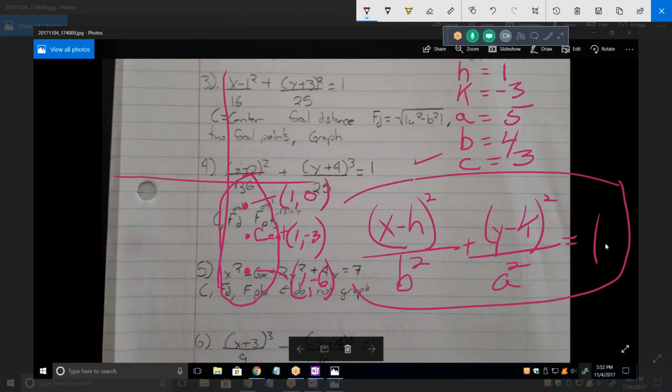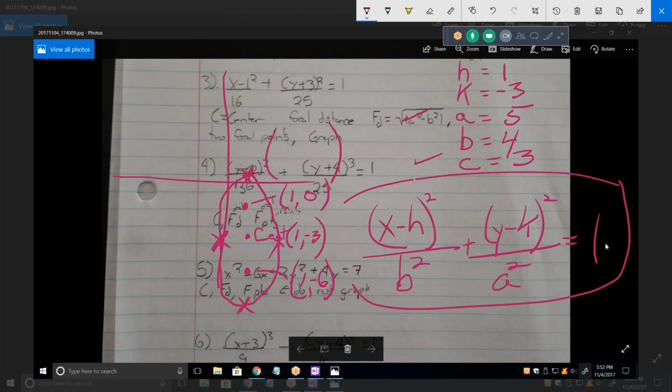Now, usually on problems regarding ellipses, they want all 7 points. Well, we just figured 3 points. The other 4 that they really want are the major vertices and the minor vertices. So tell me what this point up here is. A is 5, so does it go up 5 then?